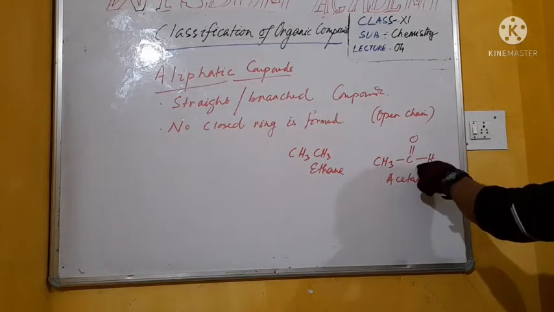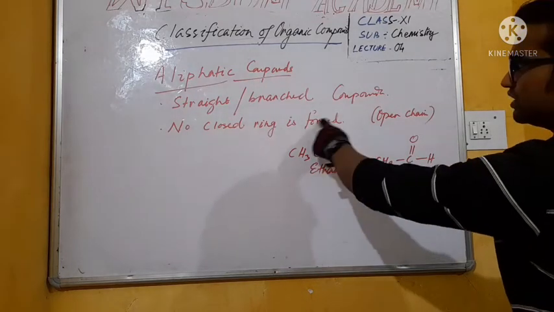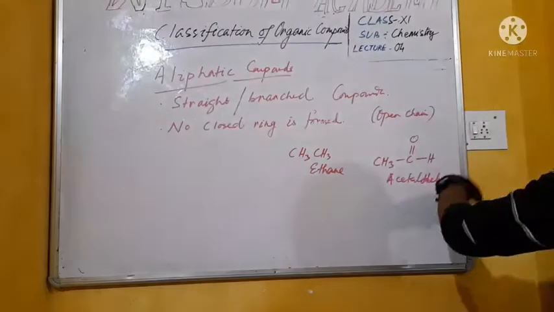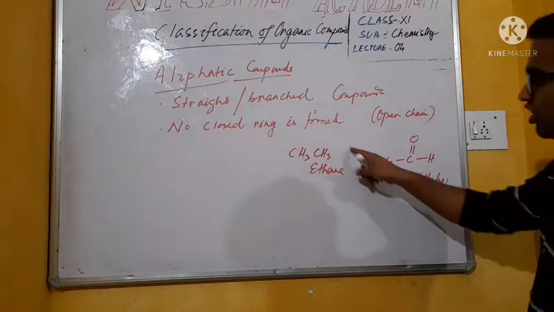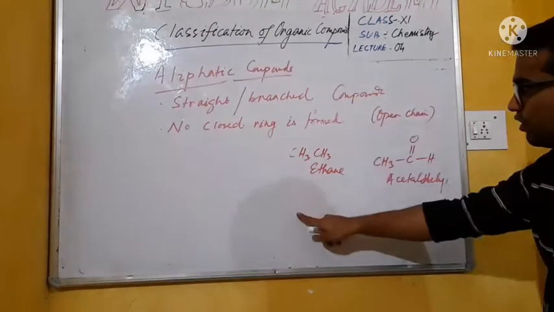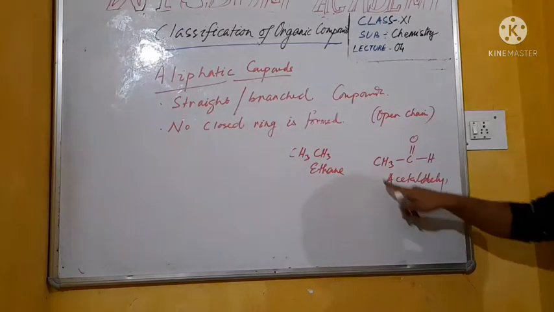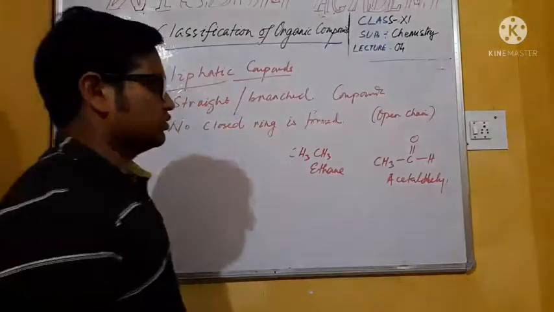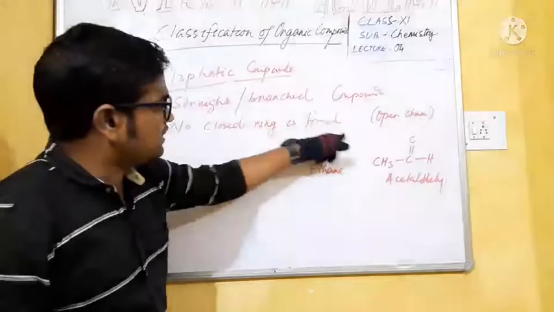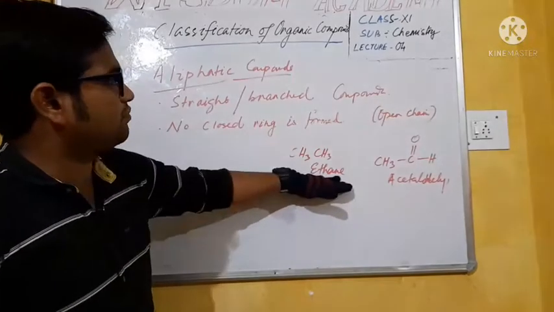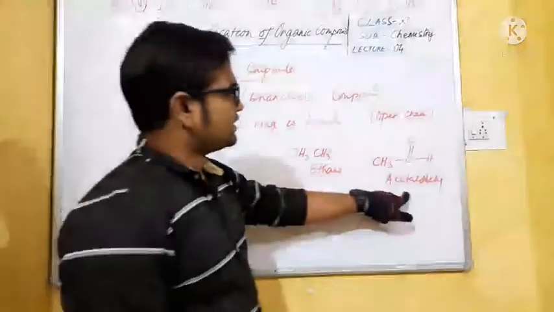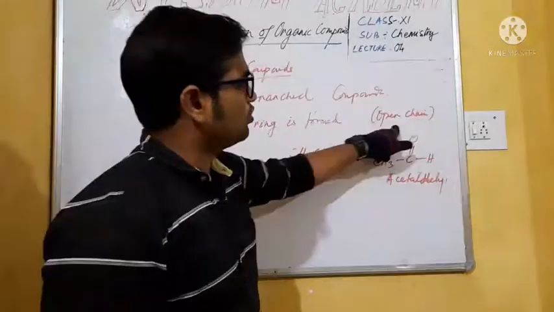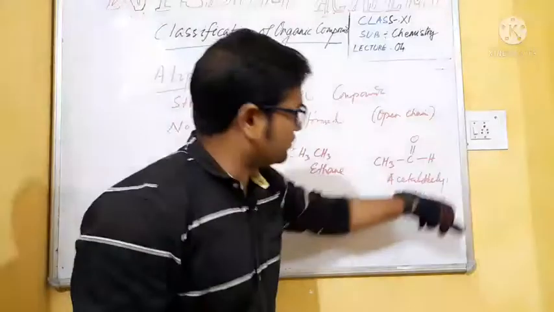This one is the straight compound, and this one is the branch, where no closed ring is formed. So this is known as aliphatic or open chain compounds. Acetaldehyde is a branch compound. Also no closed ring.